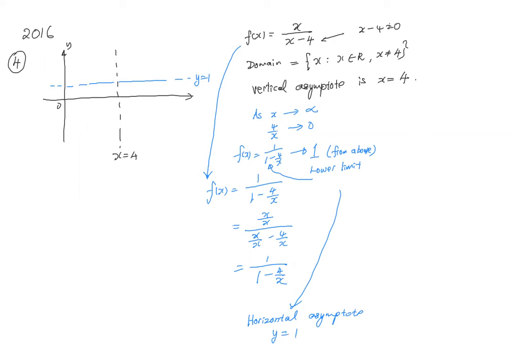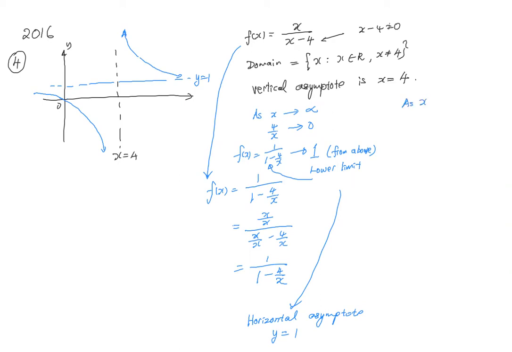Are you okay? So now, as x approaches negative infinity, actually the graph will go like that, right? And we can also study the graph like this.